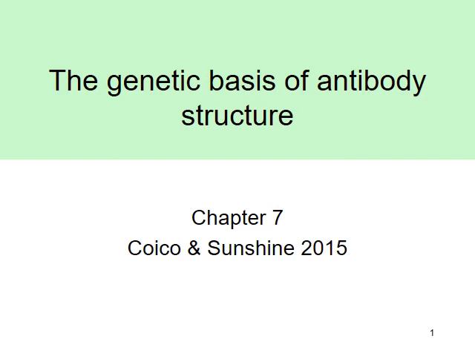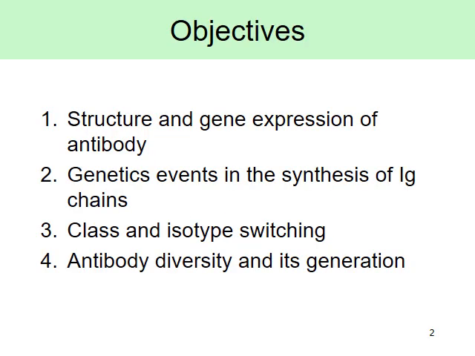Our bodies have a capability, which may not perform to the fullest, of seeing maybe 10 to the 11 different types of antigens. So you can imagine the enormous capability. Today I'm going to talk about some of the structures, especially how the genes are expressed in antibody, and some of the events related to genetics.